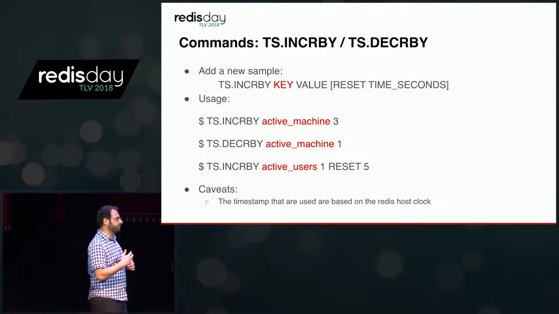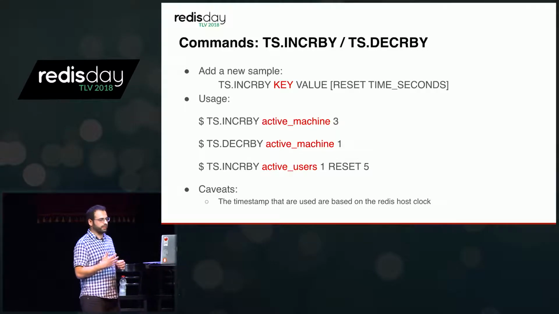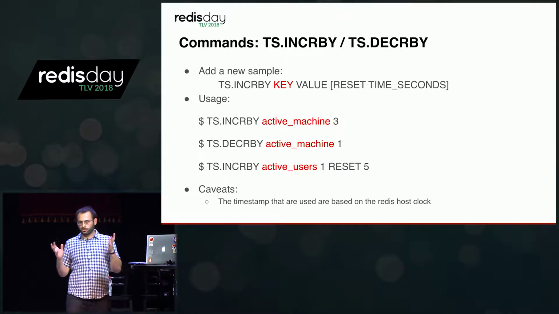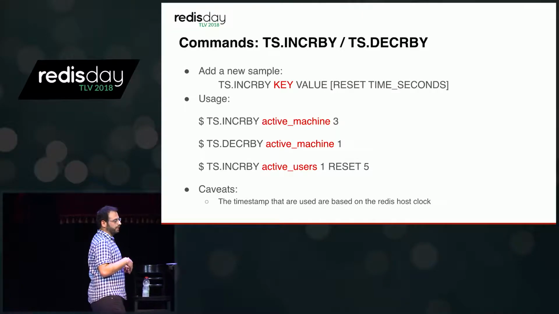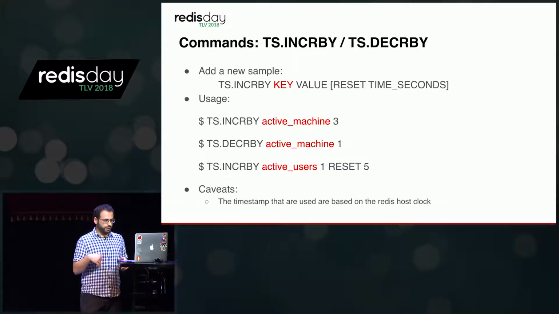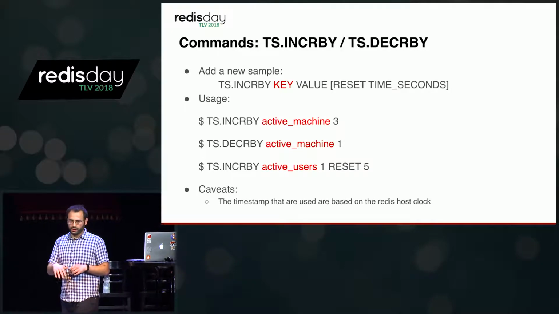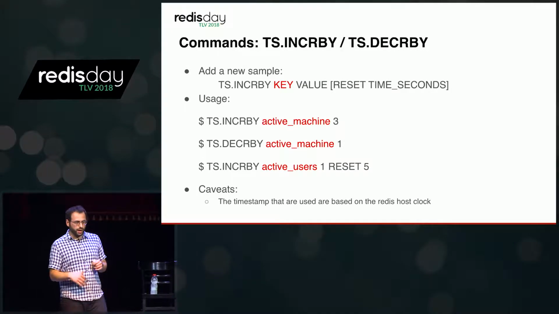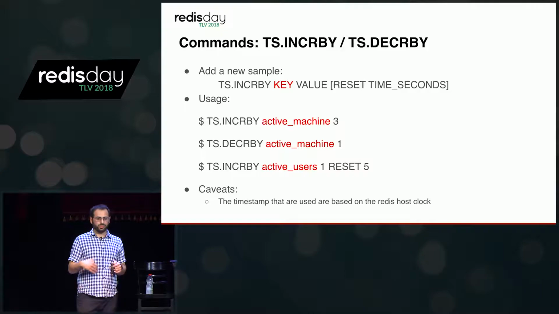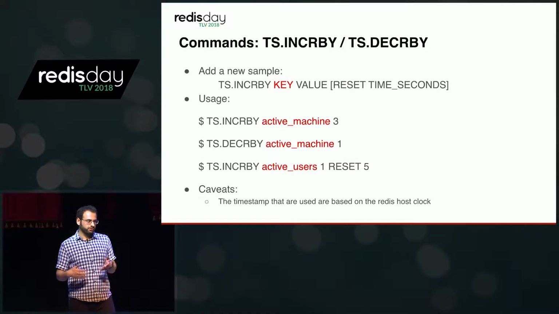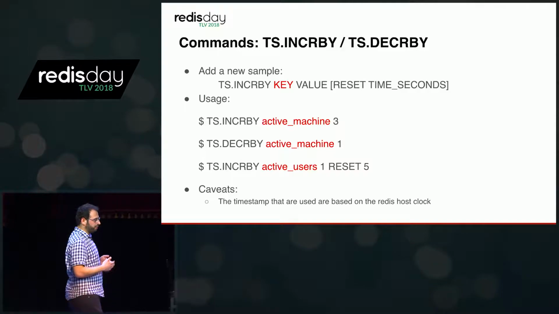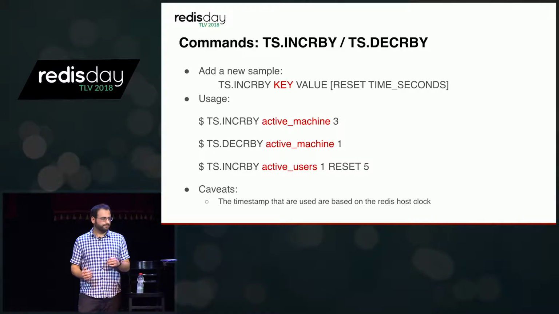This is something that people already do today, but it's done sort of manually by their own code. Of course, you can increment and decrement by any number that you want. It's also important to know that the clock that will be used is the Redis server clock. So if you trust your Redis server clock, that's OK. If not, you need to think about it.